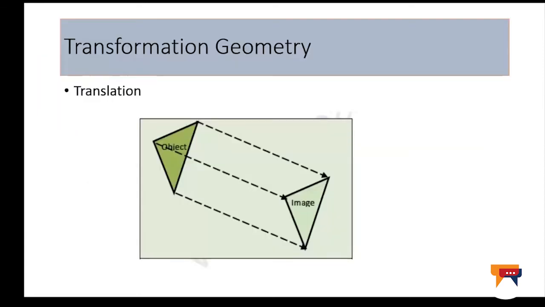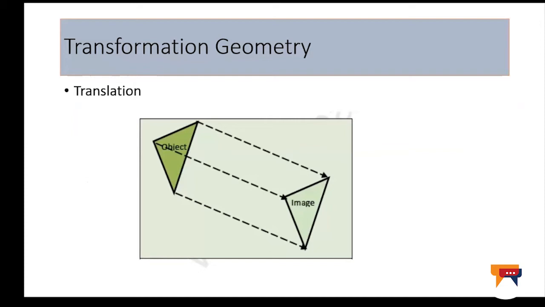And then another point that we will be focusing on in this module is what we call transformation geometry. In transformation geometry, we have several important points that we will also be focusing on.